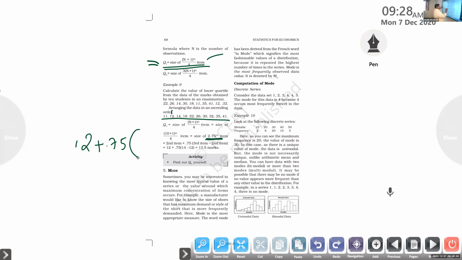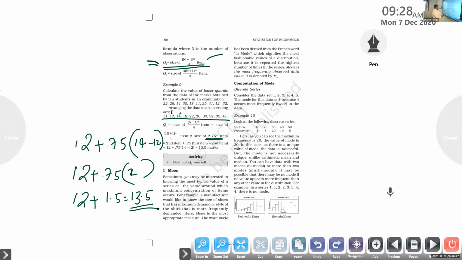Here the third item is 14, and the second item is 12. So we get 12 plus 0.75 multiplied by (14 minus 12), which is 2. So 12 plus 1.5, and the answer is 13.5. You got the idea? This is the method to calculate that.